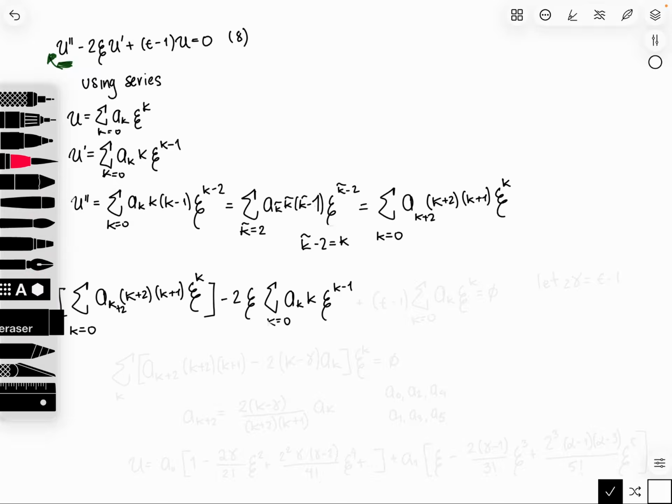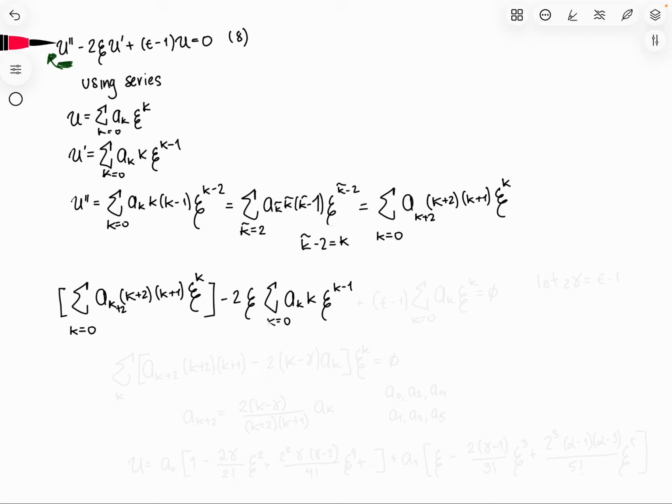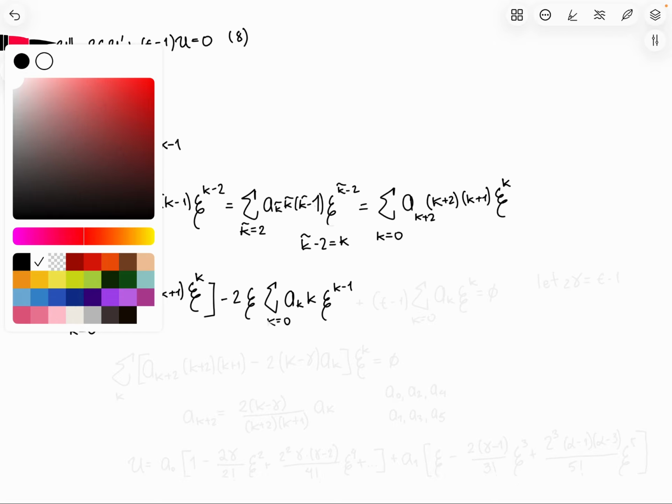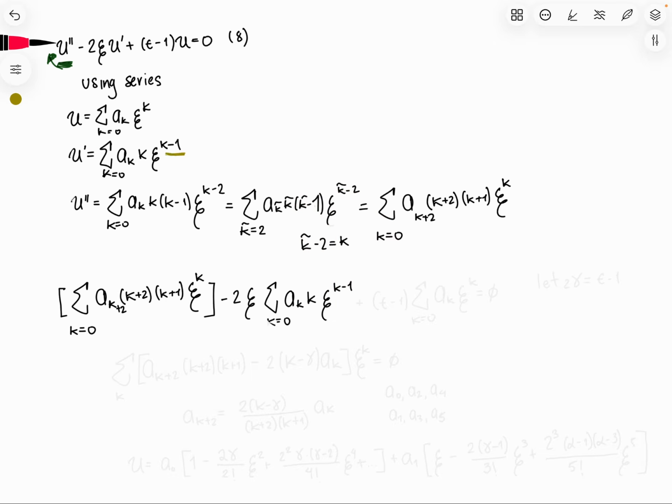For this expression, we don't change anything because it appears with an exponent k -1, and it will be multiplied by xi linear. So the exponent will correct by itself. So we leave it like this.